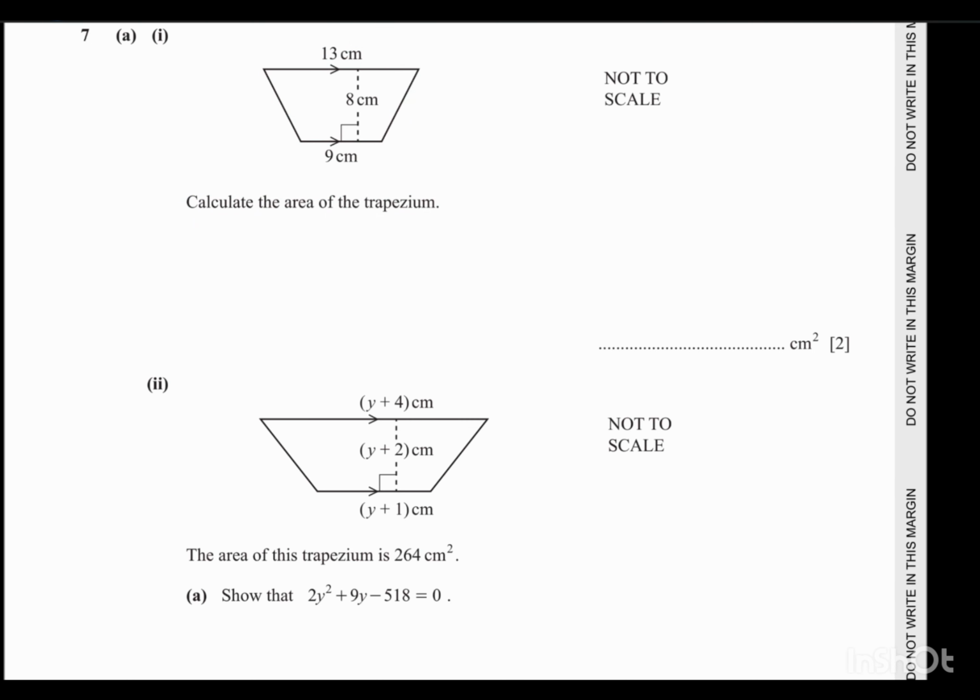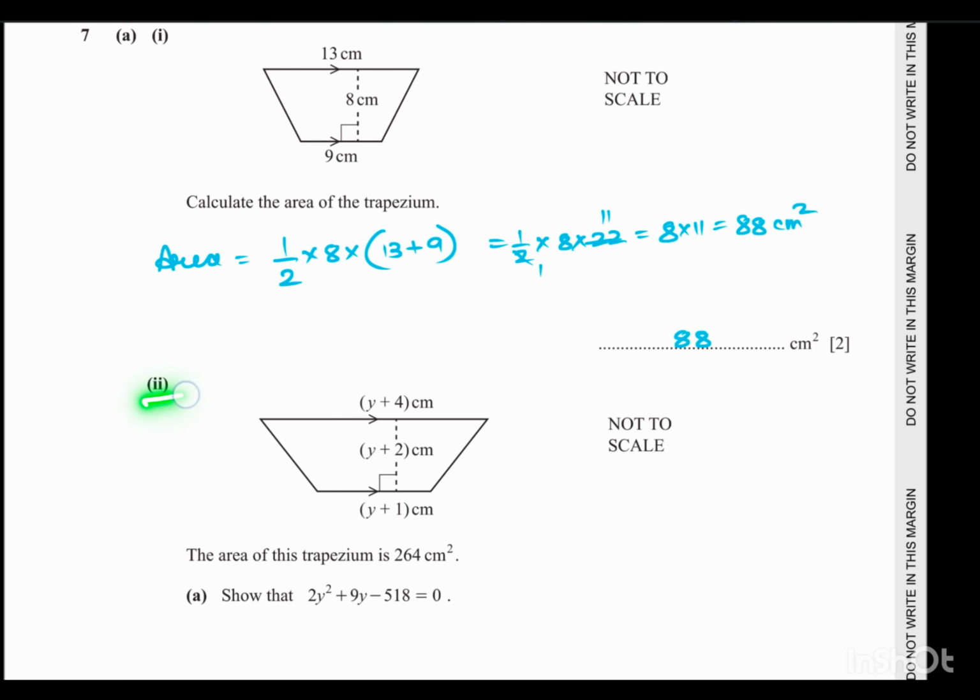So area of trapezium formula is area is equal to half into the height of the trapezium, which is 8, into sum of the two parallel sides, that is 13 plus 9, which is half into 8 into 13 plus 9 is 22. 2 times 11, which is 8 into 11, that is 88 centimeter square. So the answer is 88.